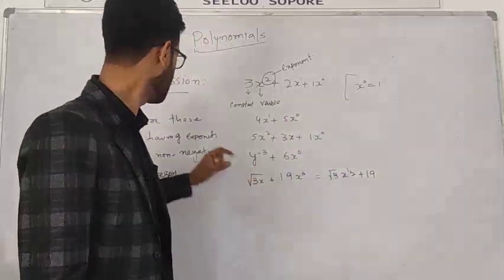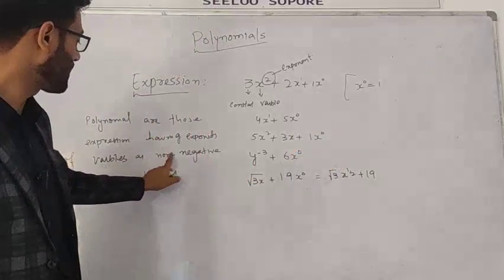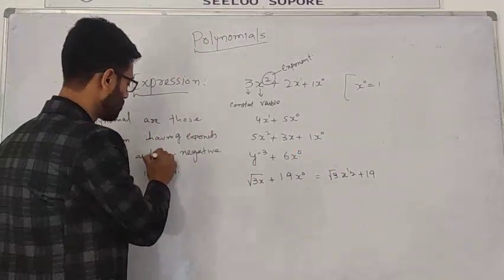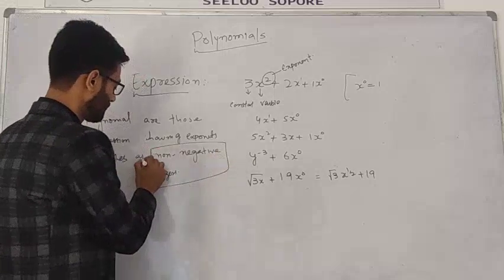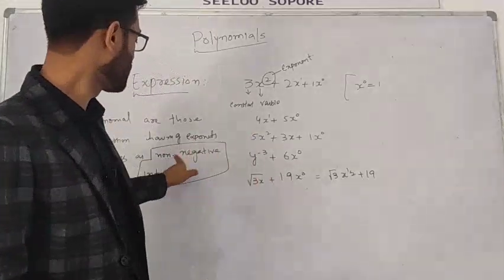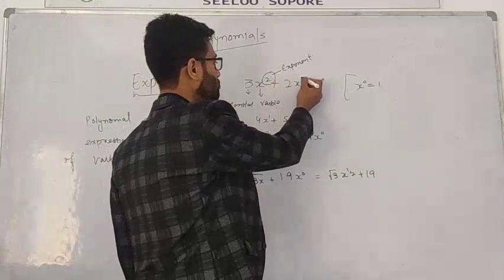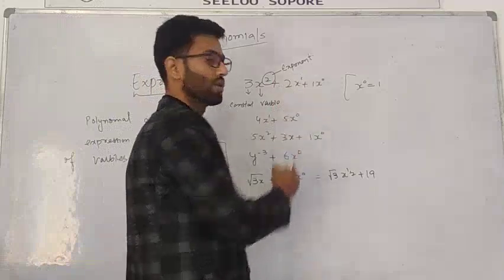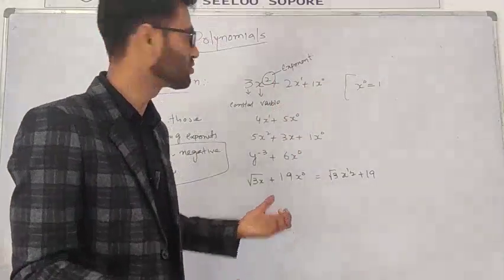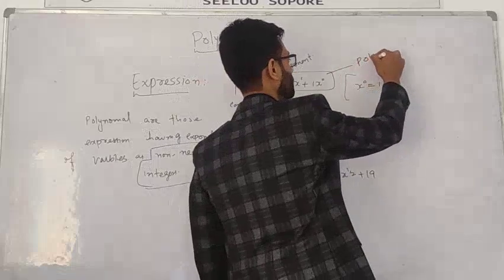Polynomials are those expressions having exponents of variables as non-negative integers. We have to focus on this. Now we will see these expressions where the exponent is a non-negative integer. Here the exponents 2 and 1 are non-negative integers. So this is called a polynomial.